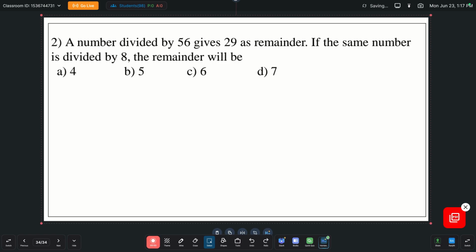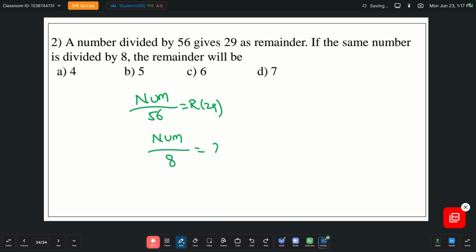A number divided by 56 gives remainder 29. If the same number is divided by 8, then the remainder will be? Just now we discussed, if the number is divided by 56 the remainder is 29, and the same number divided by 8, then the remainder is?